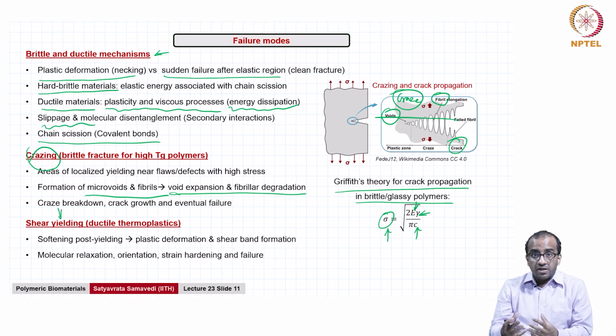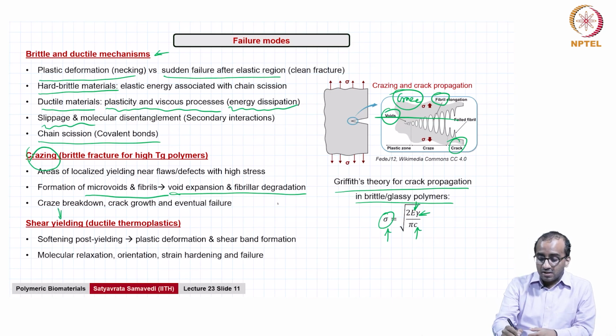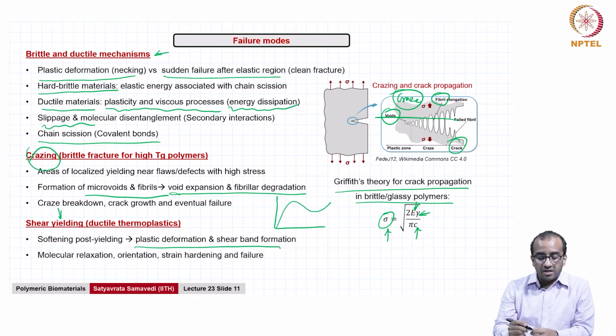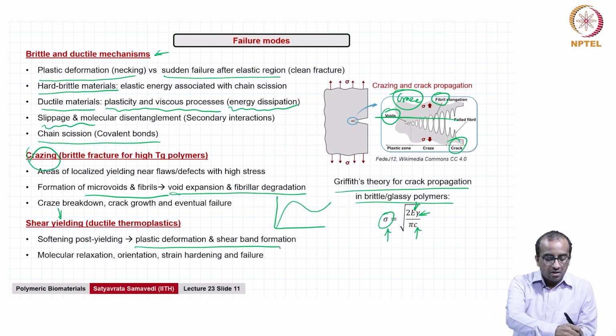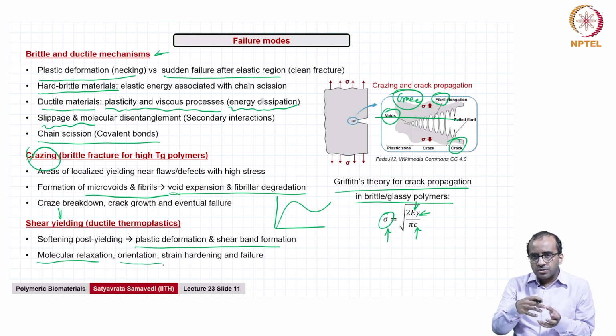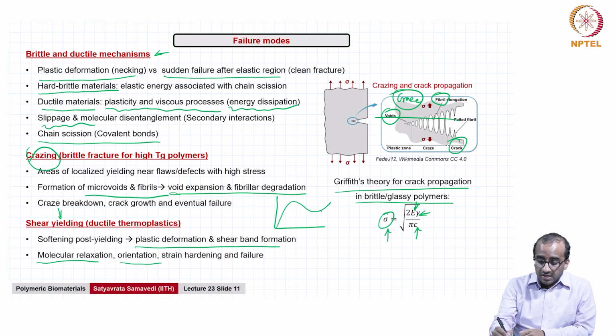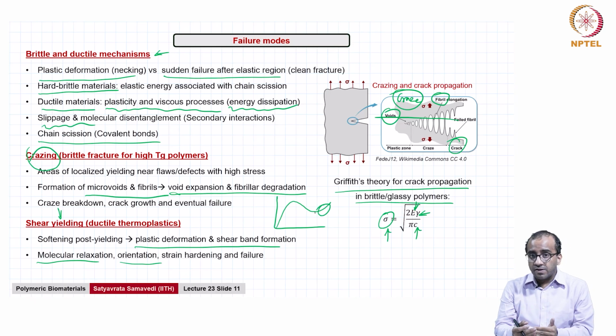You will see softening post yielding, as we have seen in this kind of a curve, right, plastic deformation and shear band formation, where in the plastic deformation you can have all kinds of things like molecular relaxation, orientation, some chain alignment, slippage, etc. Thereafter you see strain hardening, and as we saw in the previous lecture 22, that's because of the alignment of the crystals, right?